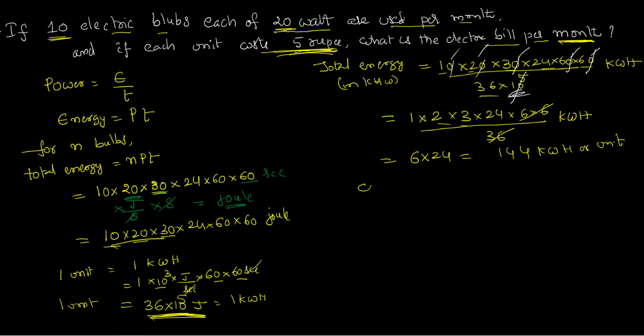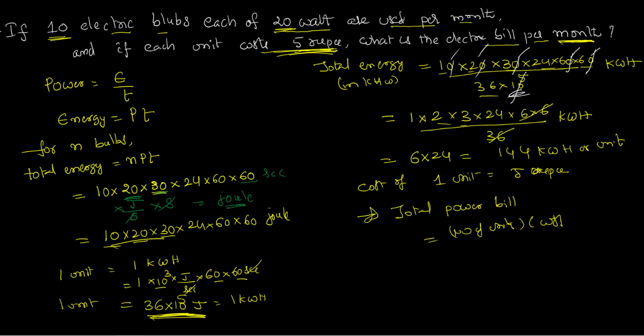Now it is given that the cost of 1 unit is 5 rupees, or $5, whatever. That implies the total power bill, electric bill, will be the number of units consumed for that month multiplied by the cost per unit.